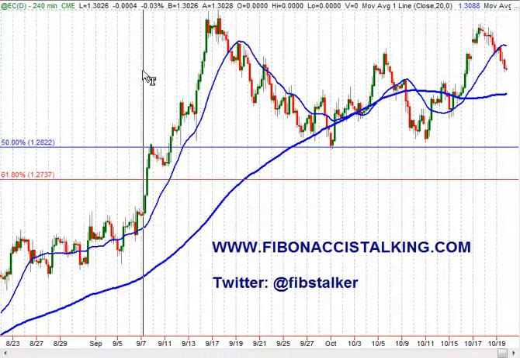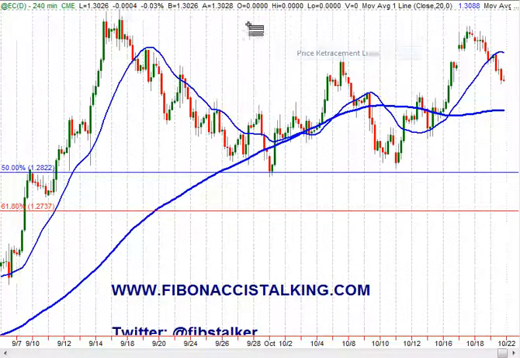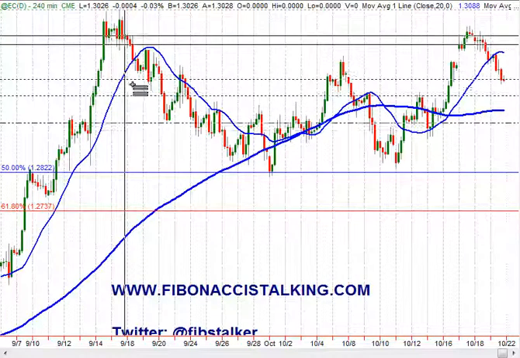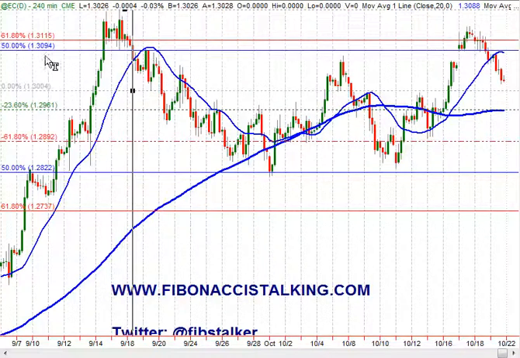So let's start from the high we had in the middle of September here, and we can see that price respected the first traditional short here, which had entry in the 130.90 area and target in the 129.61 area.